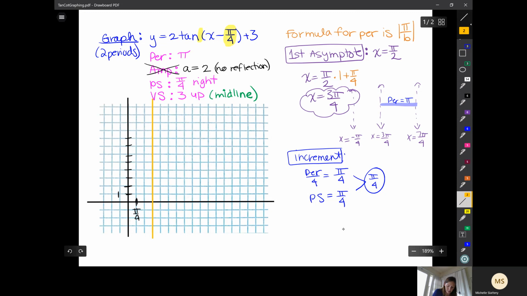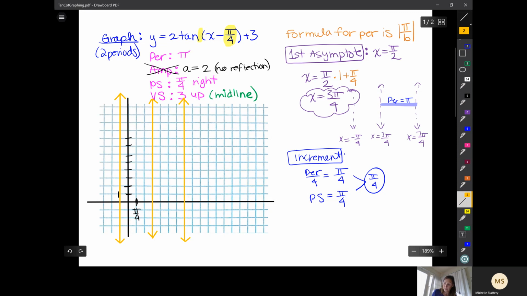You can use a highlighter for asymptotes, or you can use dashed lines. Doesn't matter. I have another asymptote at negative pi over 4. So I can draw that one in here. X equals negative pi over 4. And then I have another one at 7 pi over 4. So here is my third one. And I asked you to graph 2 periods.